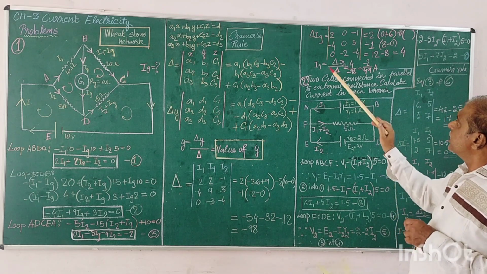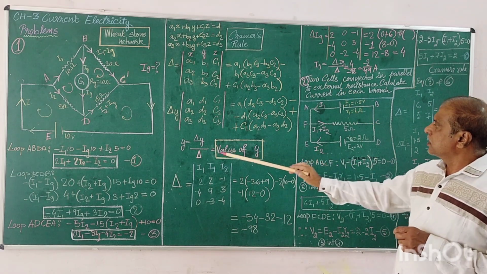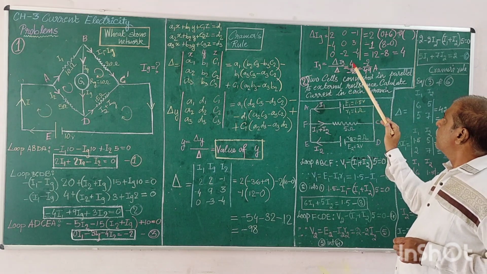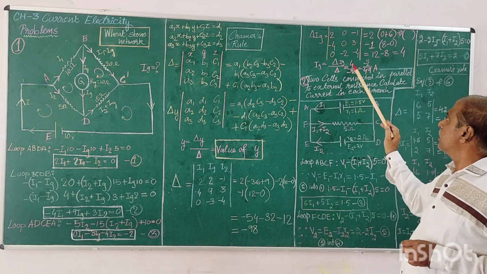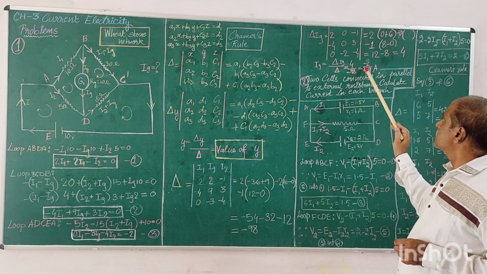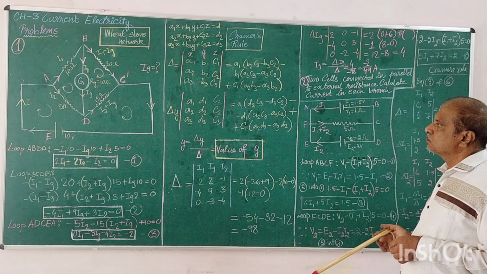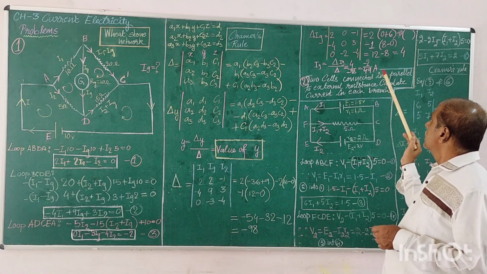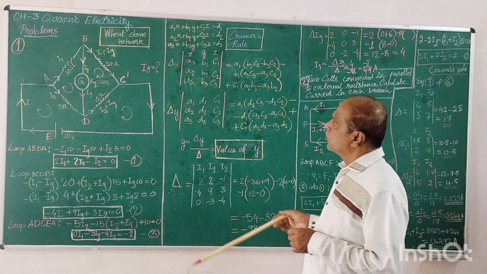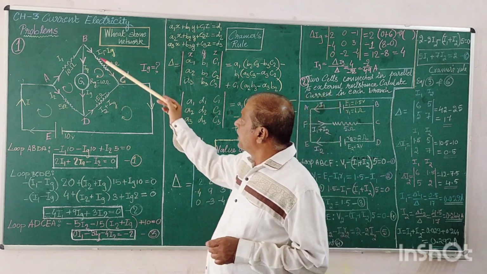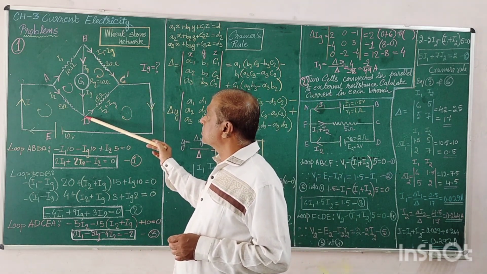So value of Ig is delta Ig by delta, that is 4 divided by minus 98 equals minus 2 by 49. So value is minus 2 by 49 amperes. That is the current, amount of current flowing through is 2 by 49 amperes.